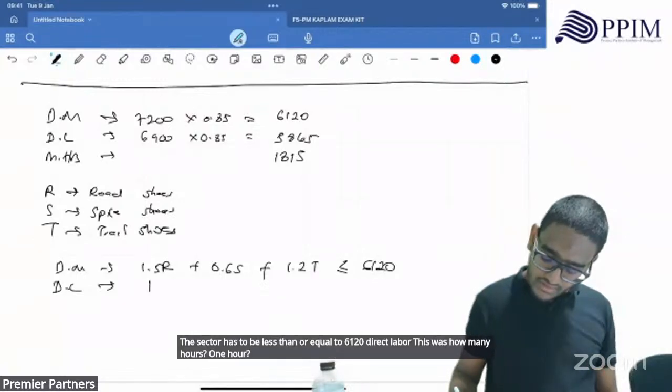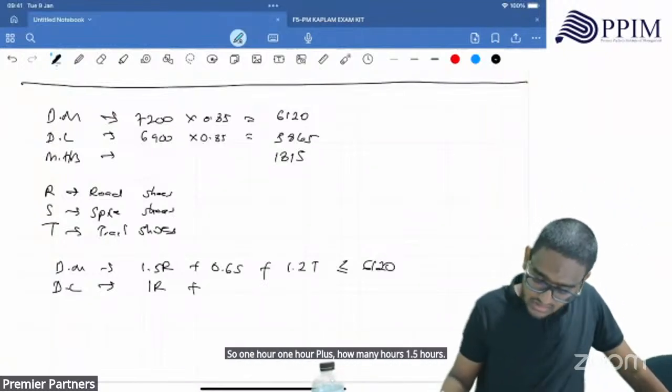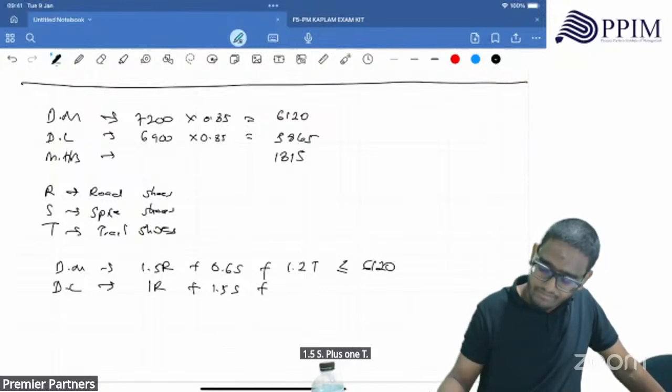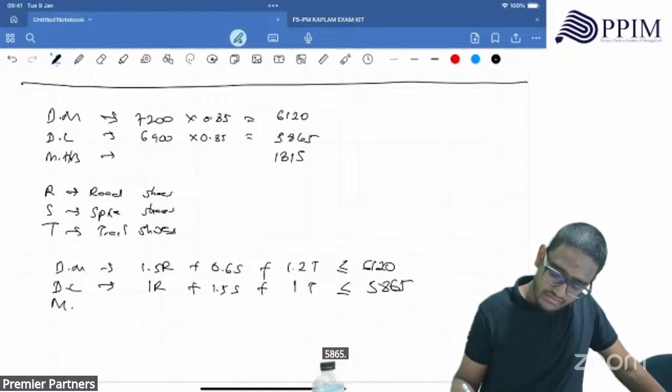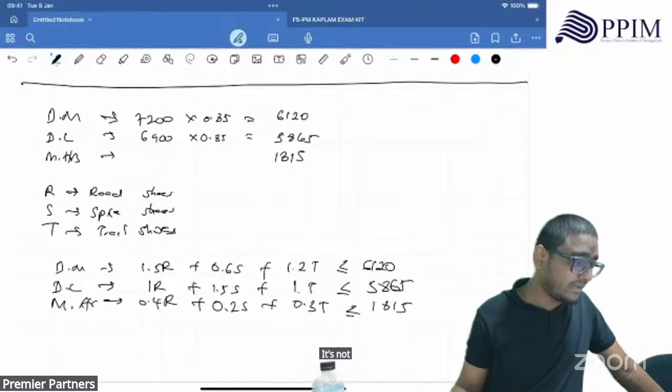So 1 hour, 1 hour plus how many hours? 1.5 hours. 1.5 S plus 1 T. Just check. 5,865. And machine hours 0.4 R plus 0.2 S plus 0.3 T less than or equal to 1,915.